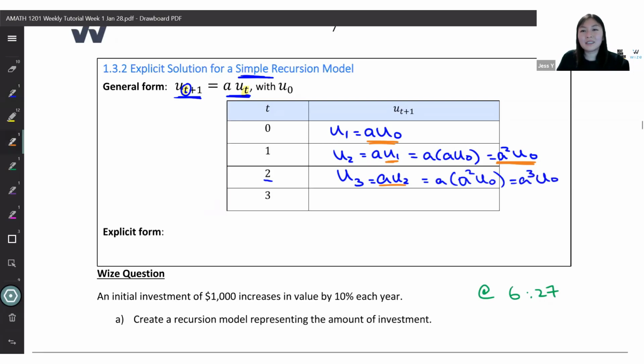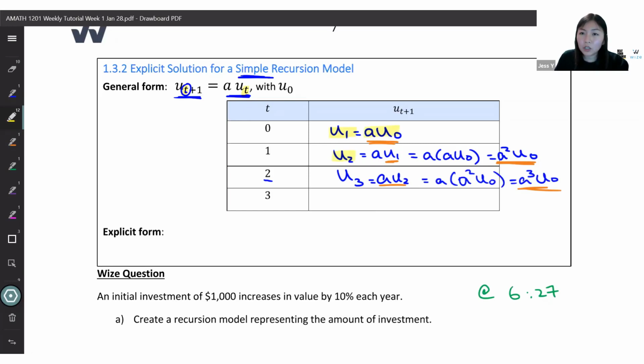Some of you can already see the pattern here, right? I'm going to highlight it for us. u sub 1 is a to the power of 1 u of 0. u sub 2 is a to the power of 2 u sub 0. u sub 3 is a to the power of 3 u 0. So the next one, u4, is going to be a to the power of 4 u 0.